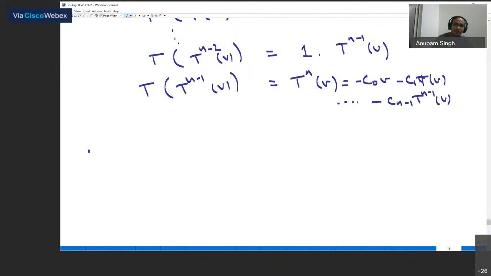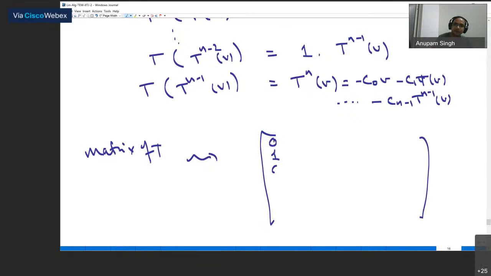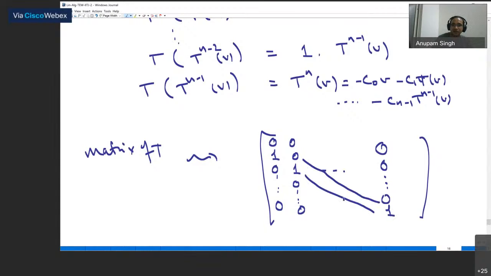Now the matrix of T with this basis would be, so the first column is going to be 0, 1, 0, 0, 0. The second column will be 0, 0, 1, 0, 0, and so on. The last but one column is 0, 0, 0, 1. So it will go like this: 0 is on the diagonal, 1 below the diagonal.